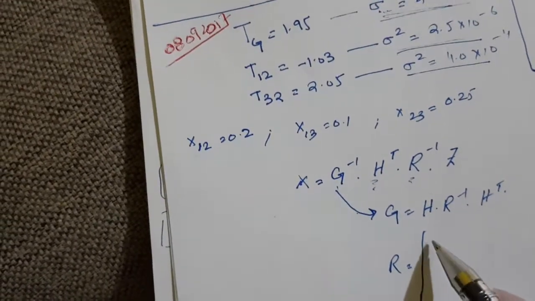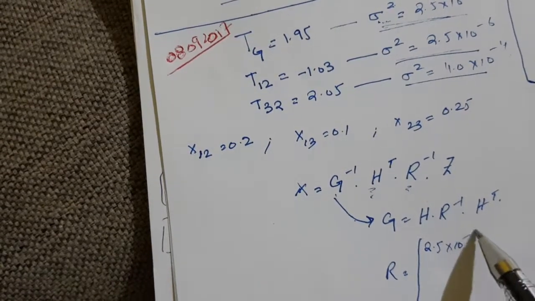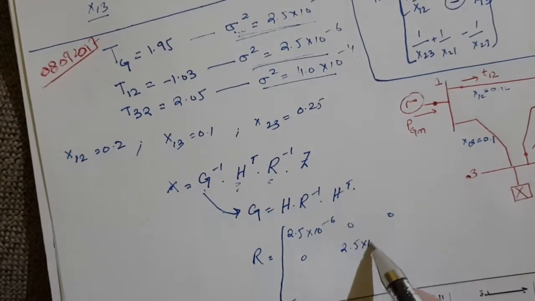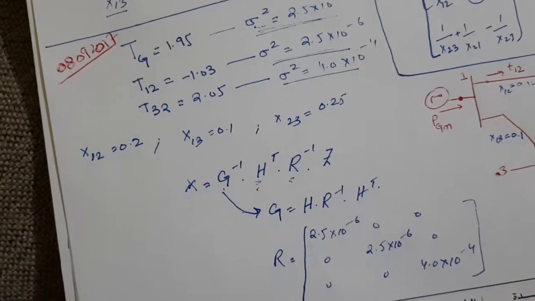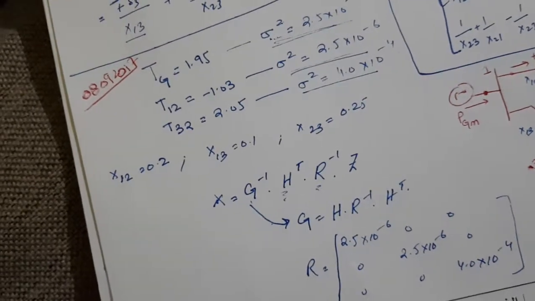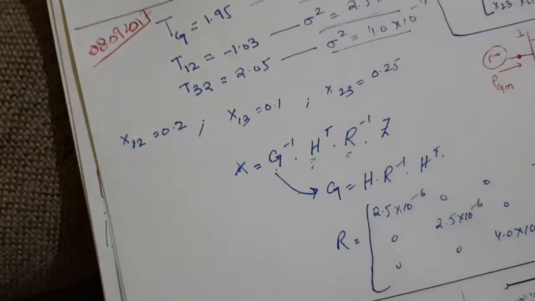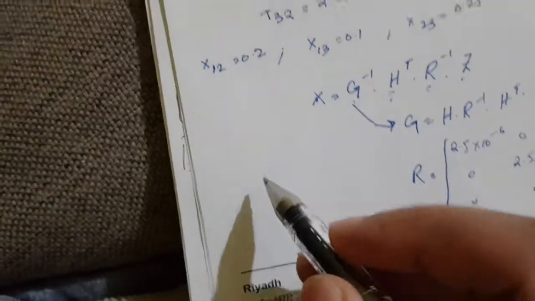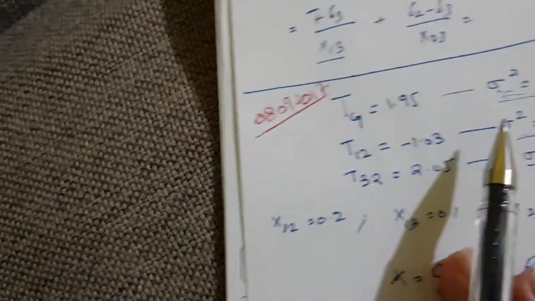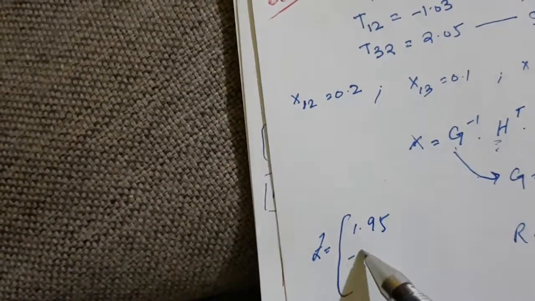So this is our R. Now the next thing is Z, and Z will be simple these values: 1.95, minus 1.03.